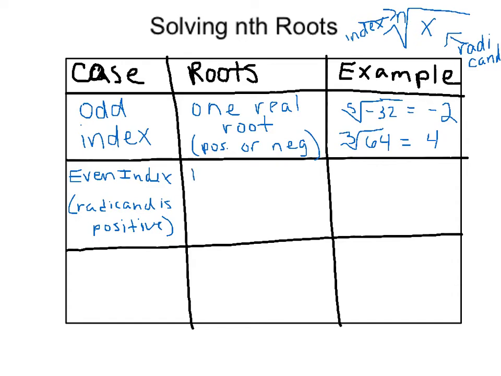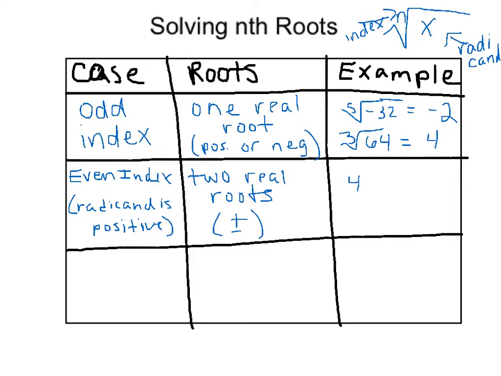Then in this situation, we're going to have 2 real roots. That's because we're going to have a plus or minus in our answer. Just like when we did solving by square roots before, a square root has an index of 2, so we always had a plus or minus with our answer. Same thing happens if we take a 4th root. Anytime you take an even root, you're going to have a plus or minus in your answer.